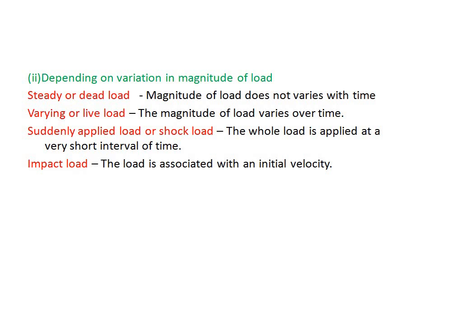Otherwise it can vary from positive 5 kilonewton to minus 5 kilonewton, again positive 5 to minus 5, and so on. Normally we say positive loading is tensile loading and negative loading is compressive loading.